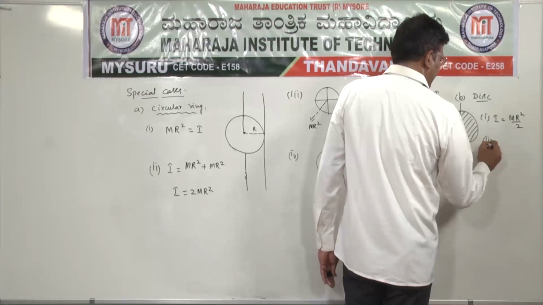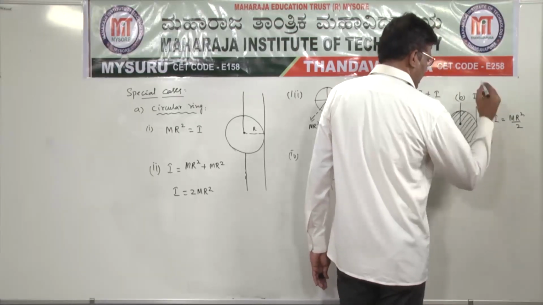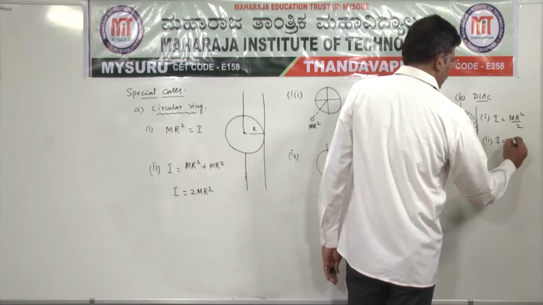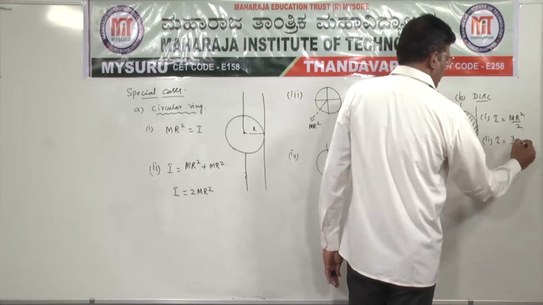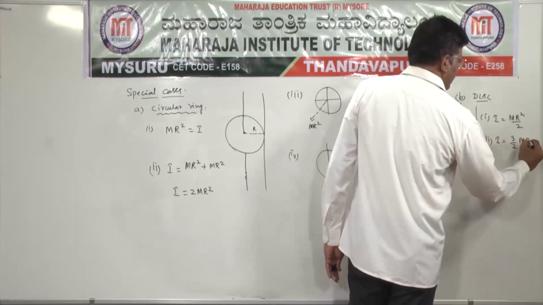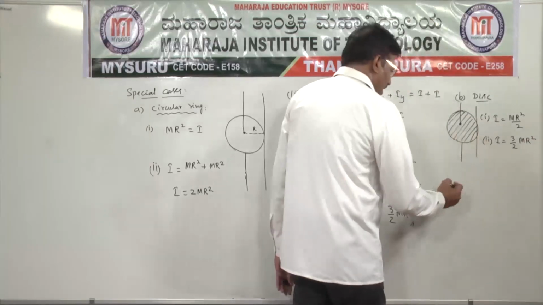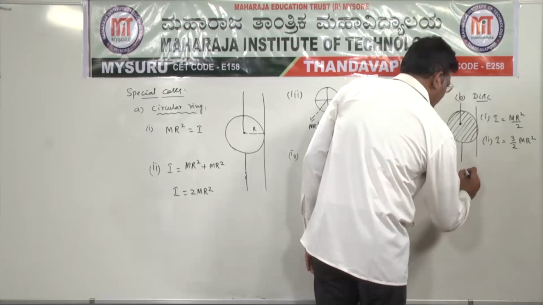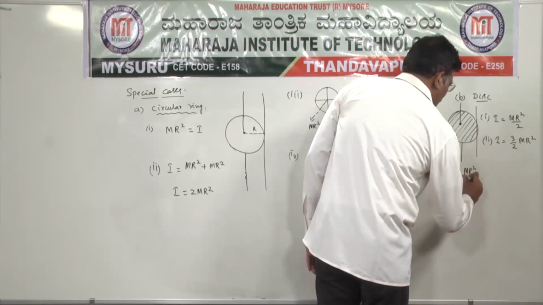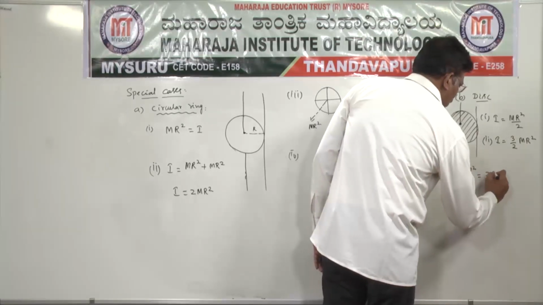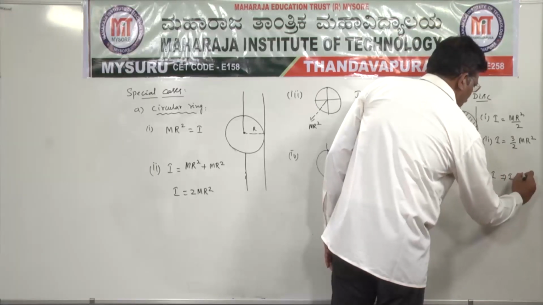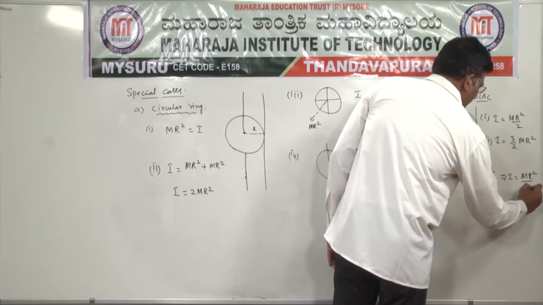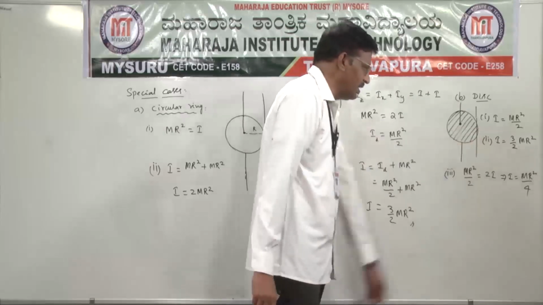And for a tangent, I is equal to m r square by 2 plus m r square, that is 3 by 2 m r square. And about any diameter for a circular disc, according to the perpendicular axis theorem, 2I, or I is equal to m r square by 4, that is about any diameter.